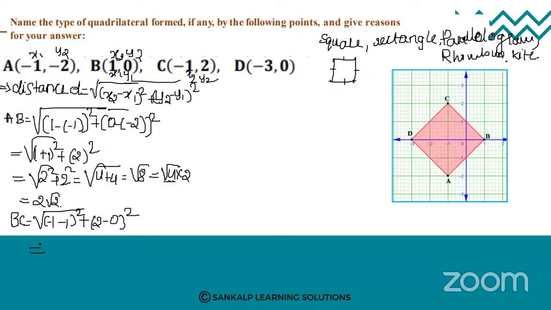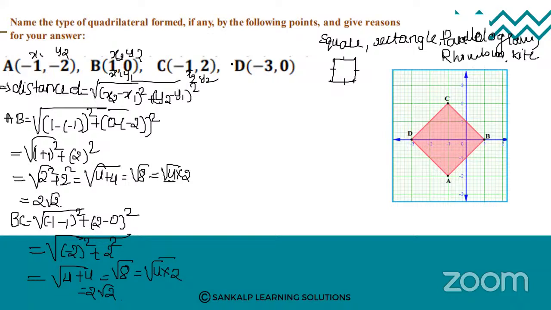So minus 1 is minus 2 whole square plus 2 whole square, right? So minus 2 square, that is 4 plus 4, that is equal to root 8. Root 8 can be written as 4 into 2, so you again get 2 root 2 only.